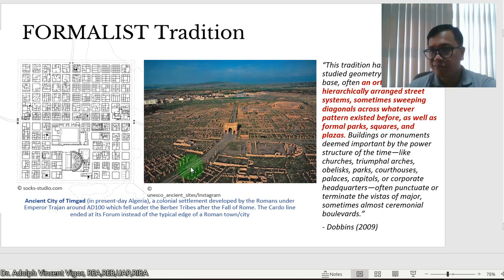You look here, this is a major road. When you walk here, you could imagine the Romans walking triumphantly whenever they won a war or a battle, here at the triumphal arch.